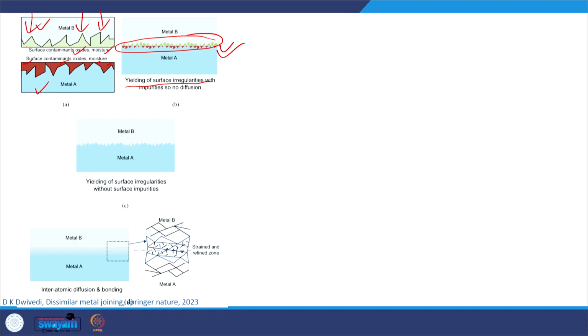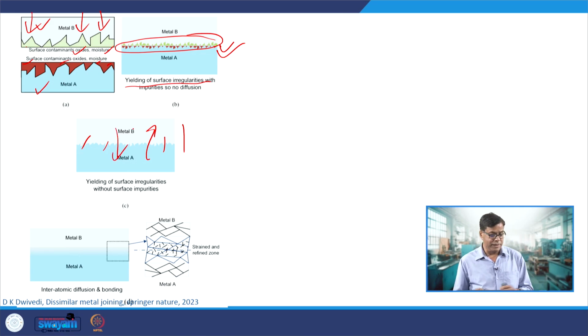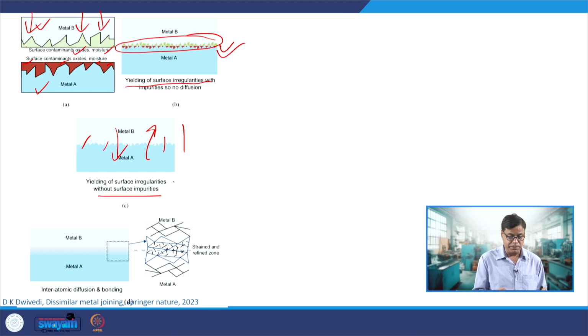Once all the peaks and valleys have collapsed and good metal to metal contact across the interface has been established, the diffusion will take place from one side to another. Once this stage is established, where there are no surface impurities and the yielding has resulted in perfect metal to metal contact, diffusion across the interface will facilitate the development of the metallurgical bond, and that is what we can see here.